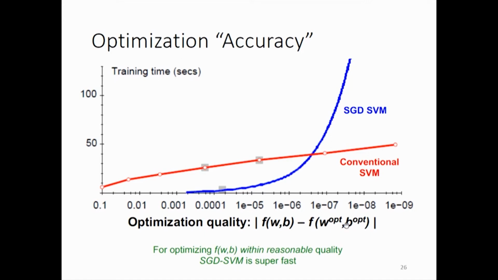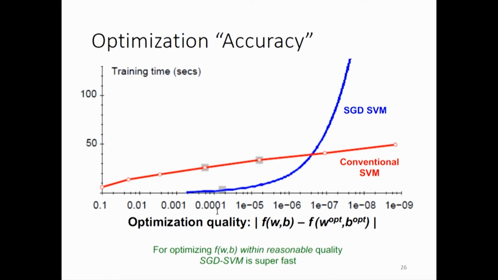This is something like the tolerance. If you have a high tolerance value, like 10 to the power minus 4, you see your SGD takes much less time.